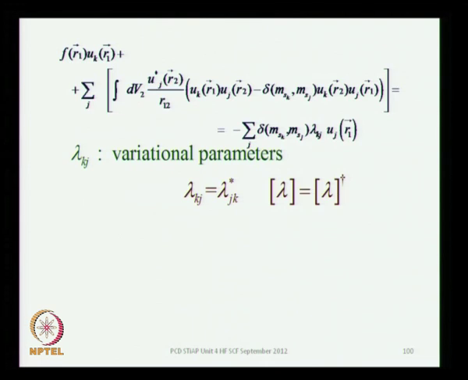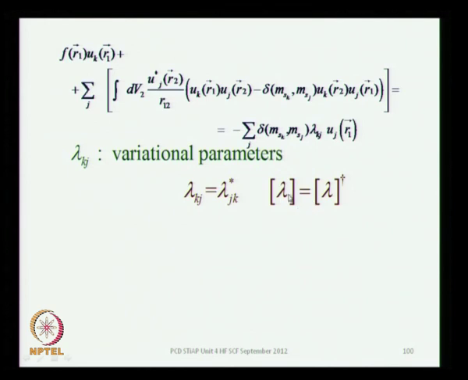Now, we can simplify this further, because we do know that these variational multipliers, lambda, make up an n by n matrix, which is a Hermitian matrix, because lambda_kj must be equal to lambda_jk star.